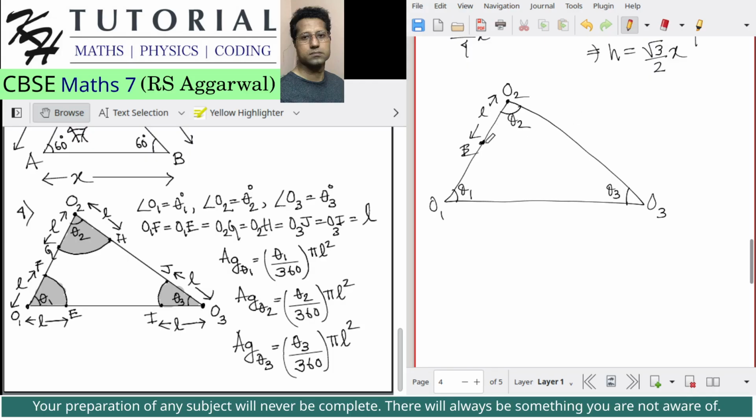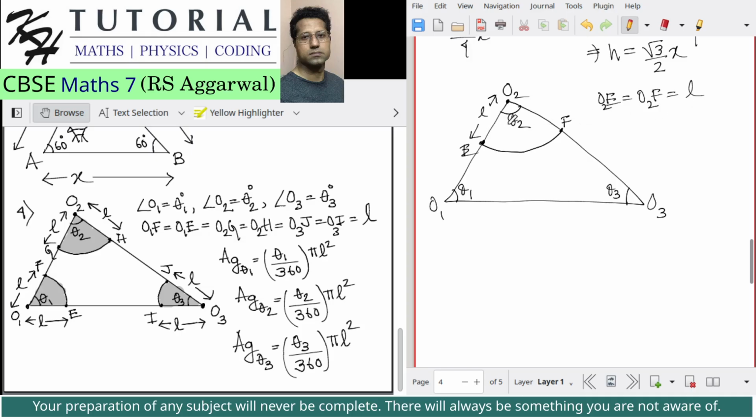So it will be this sector. Let's say this point be F. So we must have O2E equal to O2F equal to the length of the rope. And what will be the area of the sector which it is making? This is a sector having a central angle of theta 2 of a circle of radius small l.